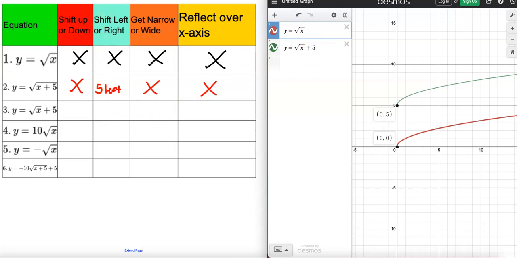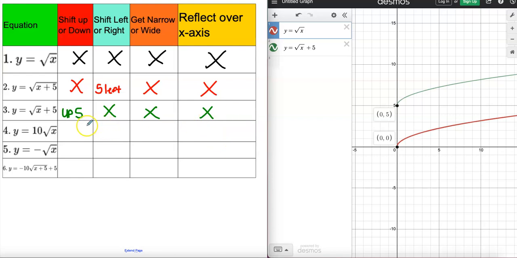So we're going to write that. Let's use a different color. So it shifted up 5, and that 5 caused it to do that. Did it shift left or right? No, in this case it didn't. What do you think would cause it to shift left or right, though? Maybe that's something to think about. It didn't reflect, it didn't get narrow, it didn't do anything.